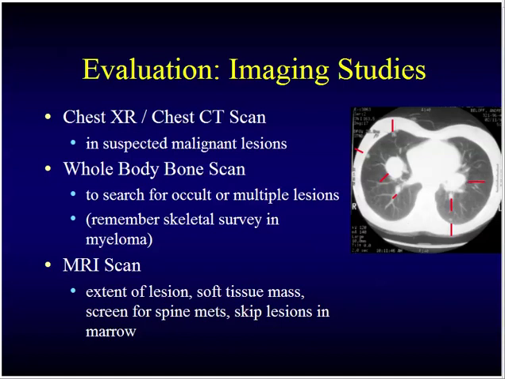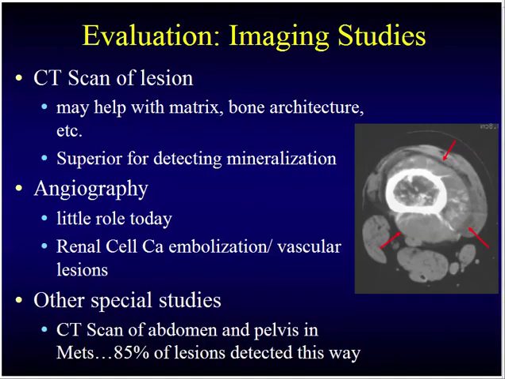And finally, of course, the MR scan, which is our test of choice for screening the bone, for looking for soft tissue, looking for Mets in the spine, skip lesions, so on and so forth. If you get an MRI of a bony lesion and you're worried that it might be an osteosarcoma, you must be certain that you see the whole bone. You got to.